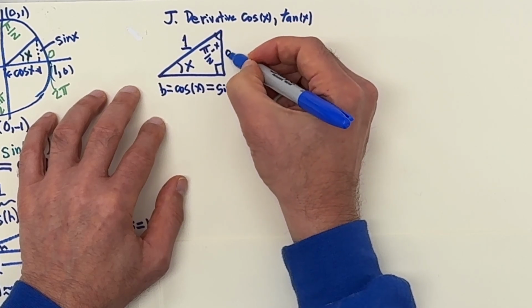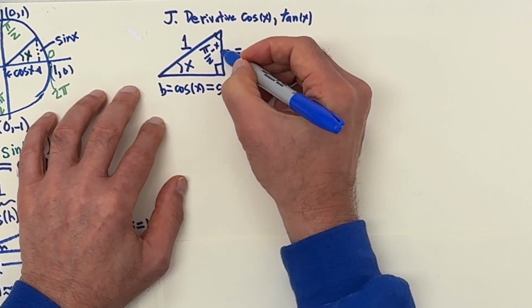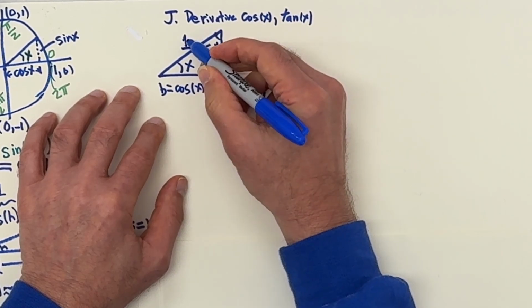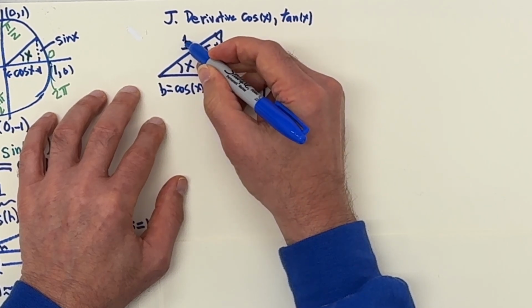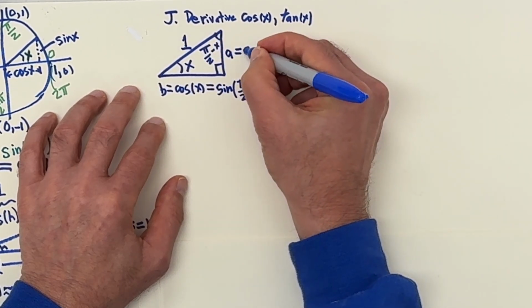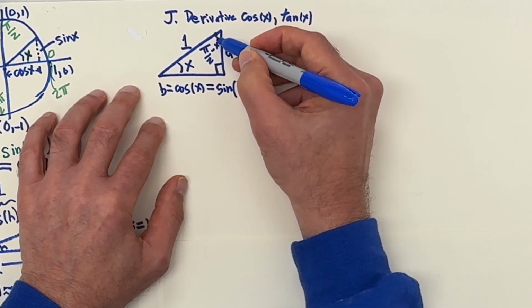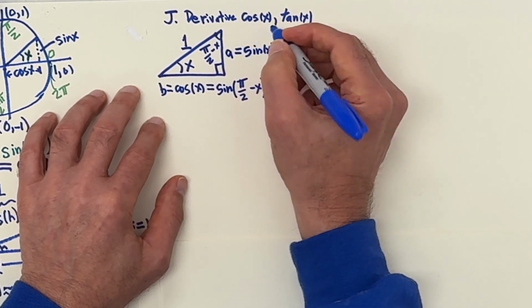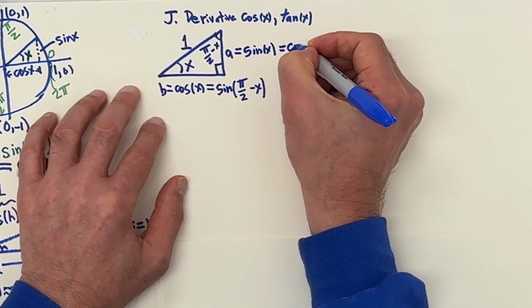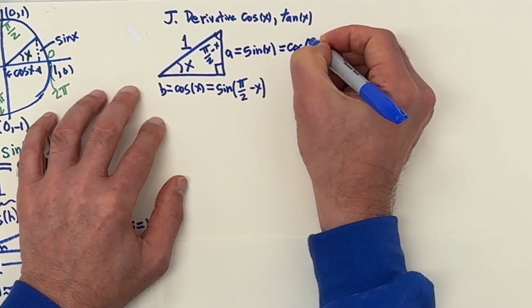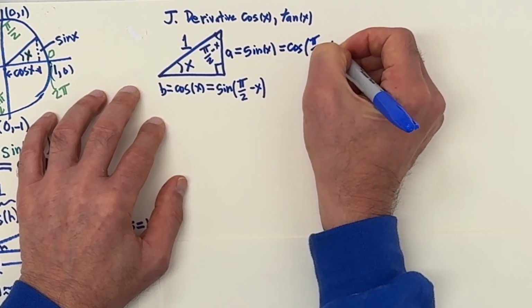Here we have the altitude of the triangle, and the altitude would be the sine of x, since we have a 1 here, 1 times the sine of x. And for this angle, it's the adjacent. So it's the cosine of pi over 2 minus x.